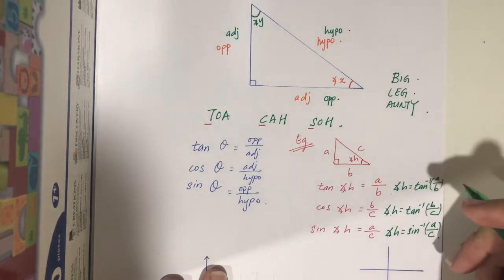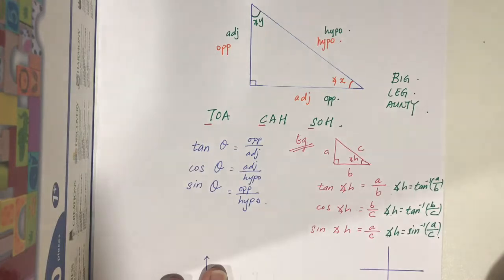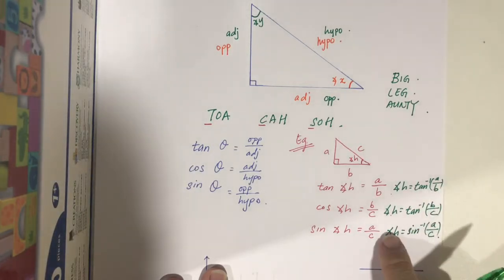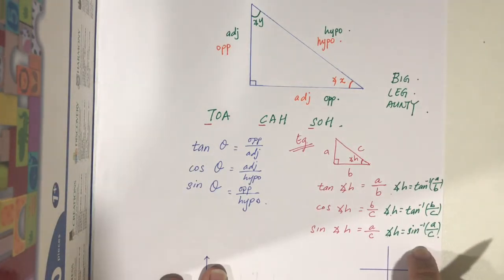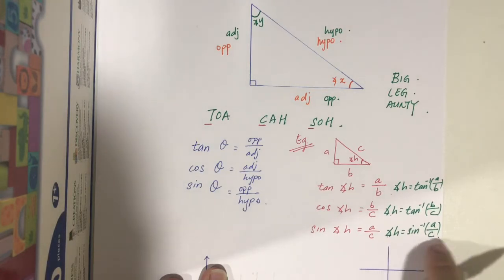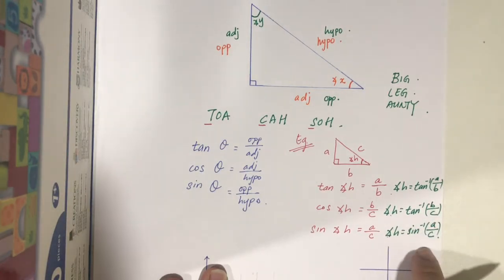Then it depends on the calculator mode. If the calculator is set to radian mode, then the angle will be in radian. If the calculator is set in degree mode, then the angle that comes out will be in degree.